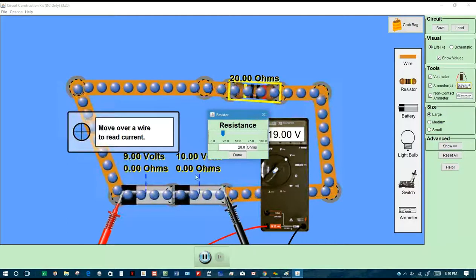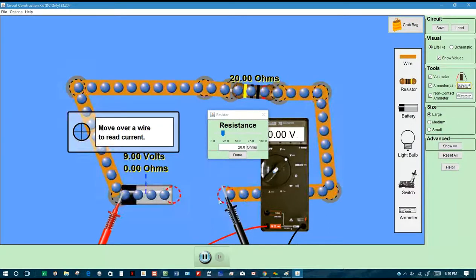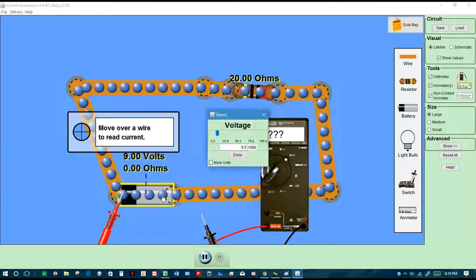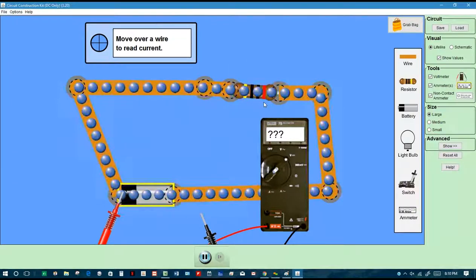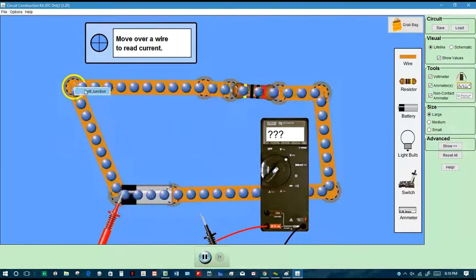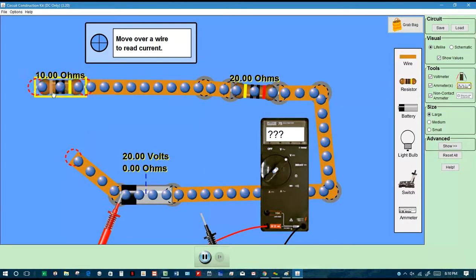All right, in that problem they only have 1 battery, so let's remove one of the batteries. Let's make it a nice, easy number, like 20 volts. And then we have to add one more resistor because they gave you a problem with 2 resistors. That's easy, just add another resistor here.